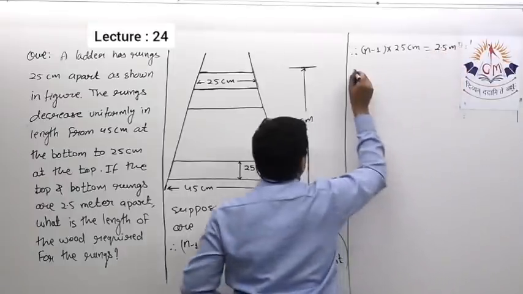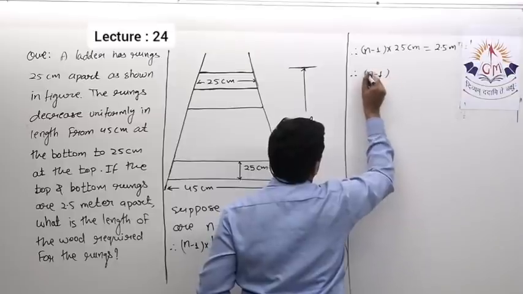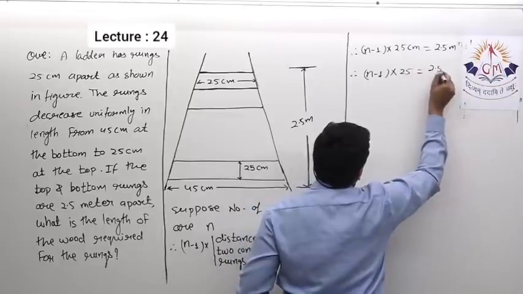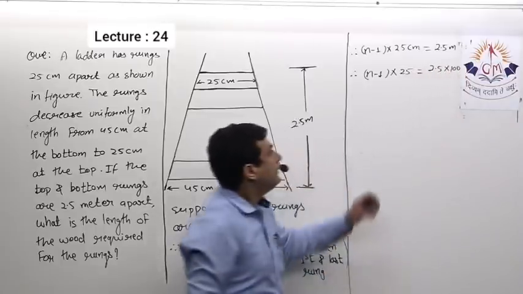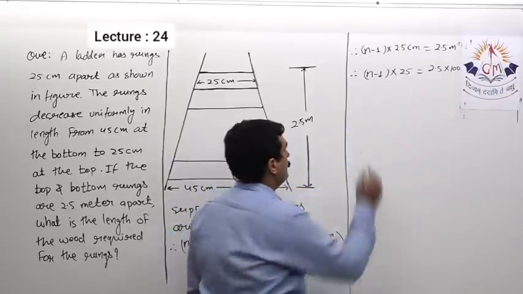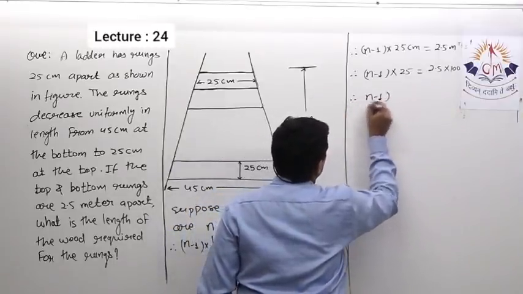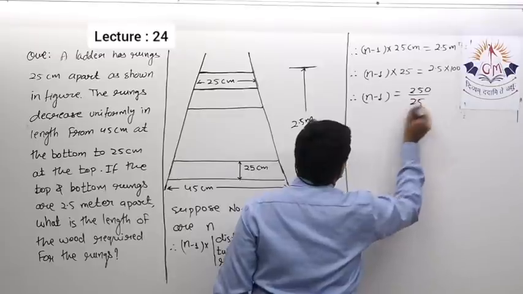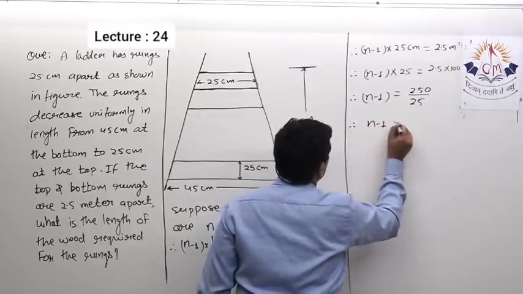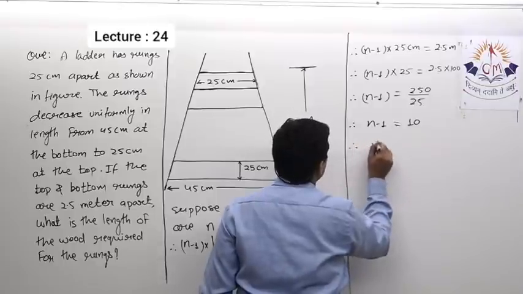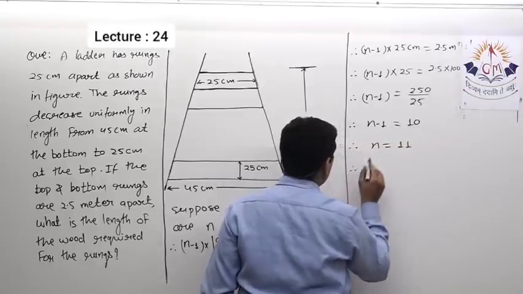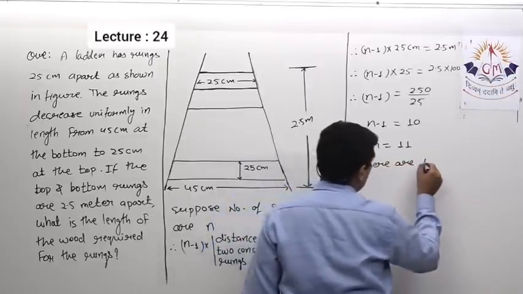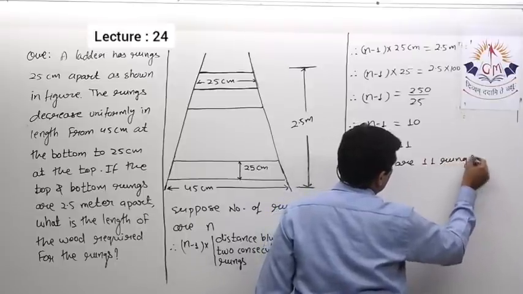If I solve this further, n minus 1 into 25 is equal to 2.5 into 100, I converted the right hand side also into centimeters. So n minus 1 is equal to 250 upon 25. Therefore n minus 1 is equal to 10, and hence n is equal to 11. Therefore there are 11 rungs.